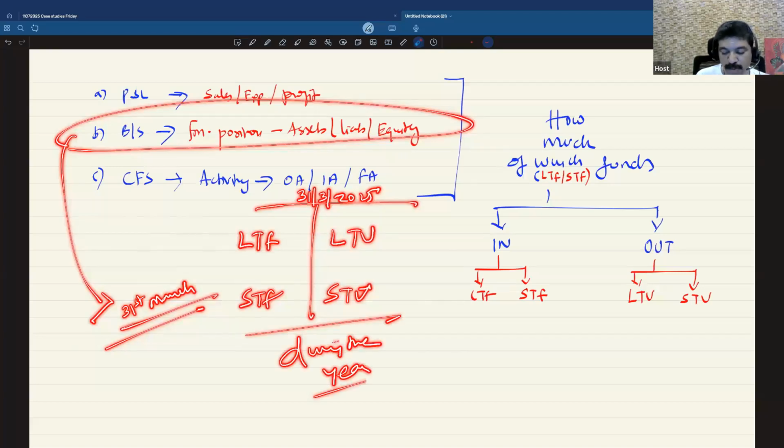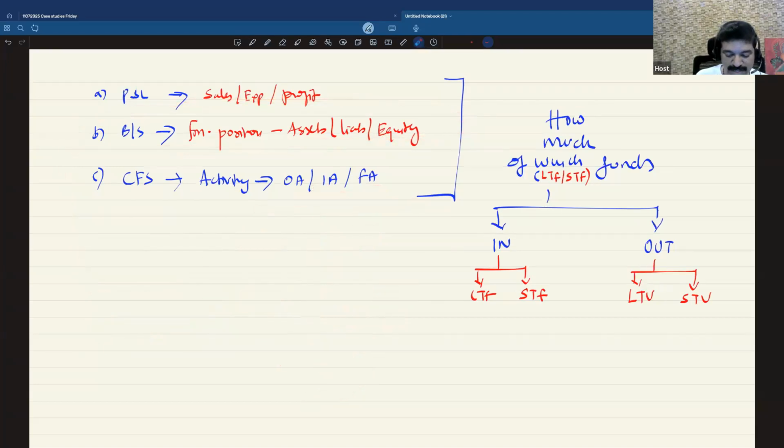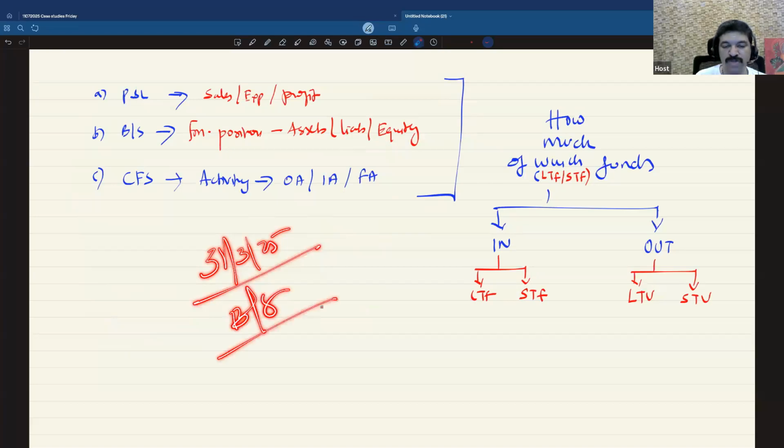You will not know what happened during the year. You will just get a snapshot as on 31st March 2025.